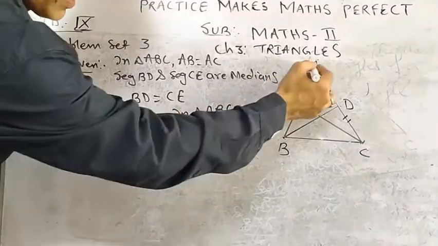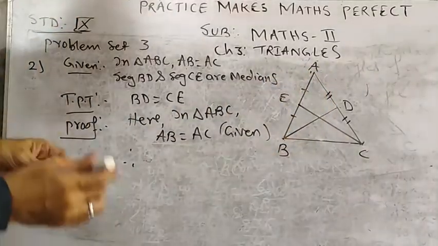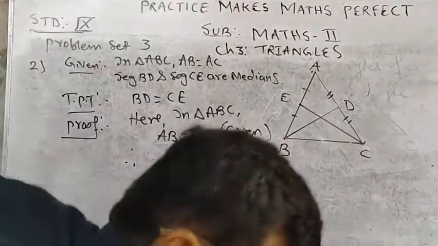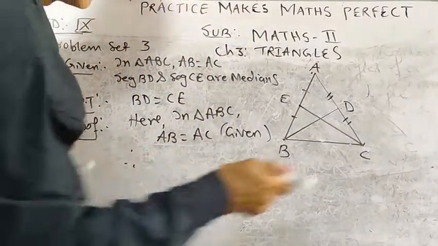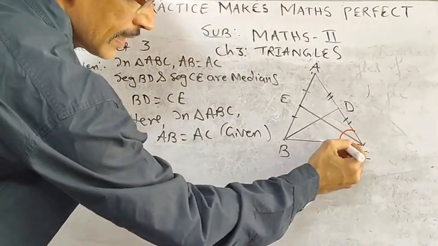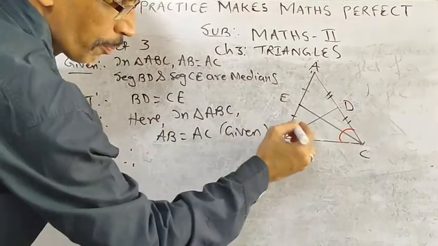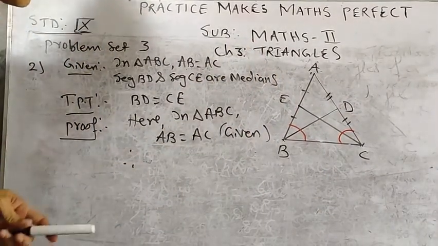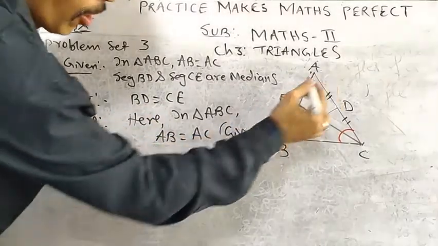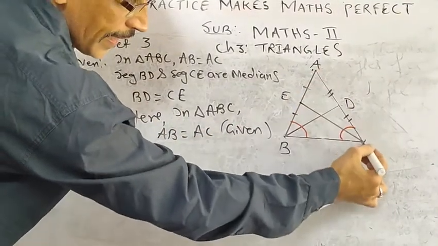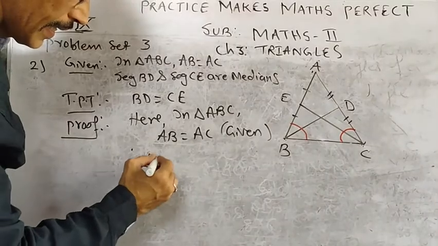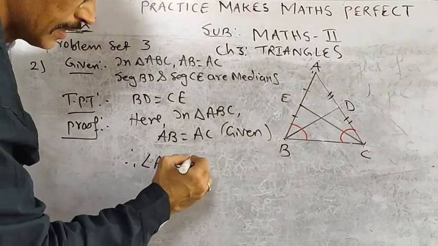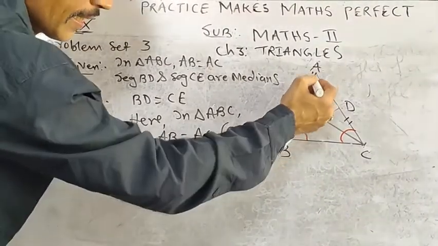Therefore, the angle opposite AB is C, and the angle opposite AC is B. So the angle opposite AB is C, that means ACB. Therefore angle ACB is equal to angle ABC.